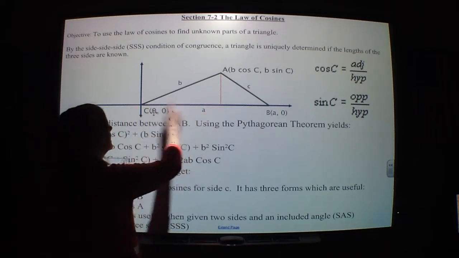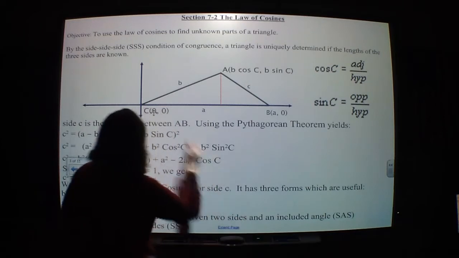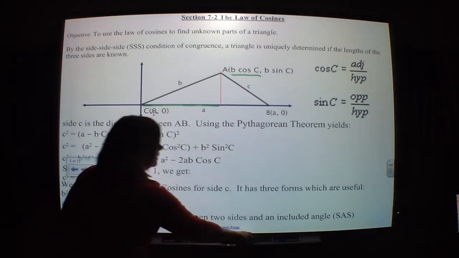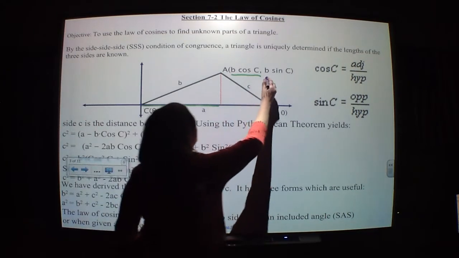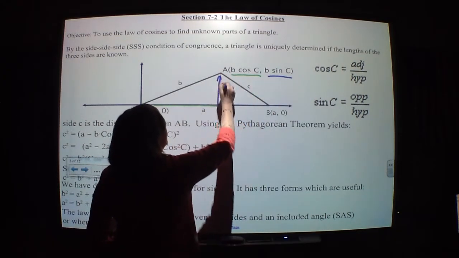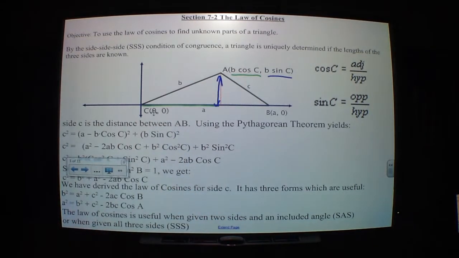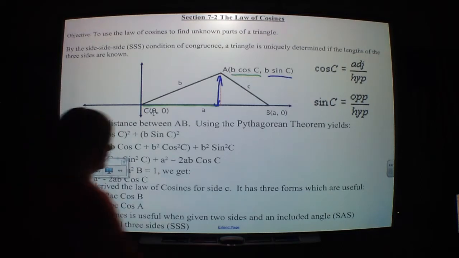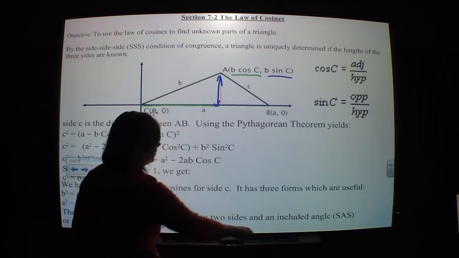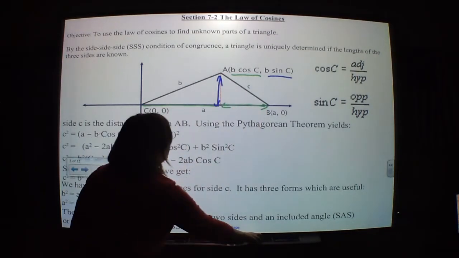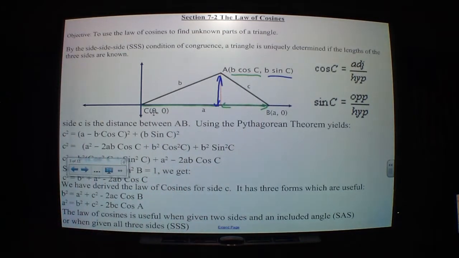So this leg here is my x distance. This leg here is my y distance. Or I can look here, there's a leg also of the triangle.